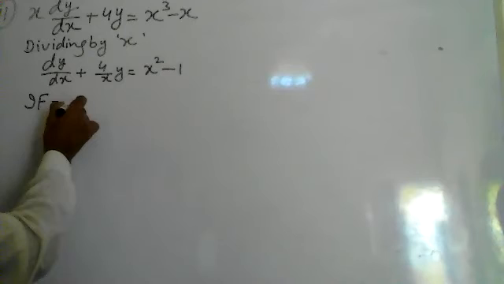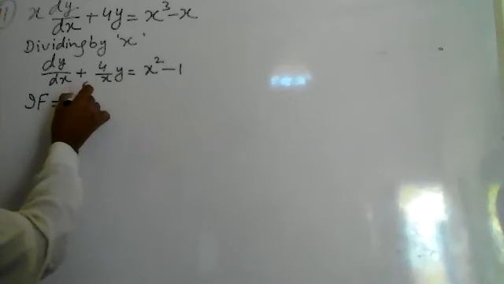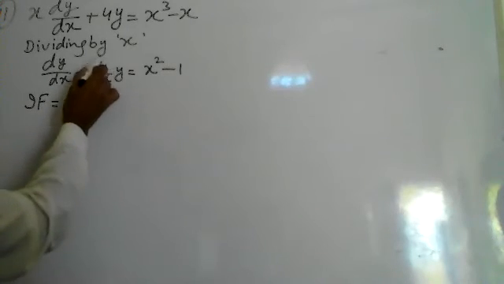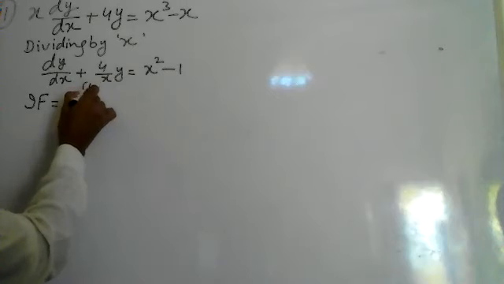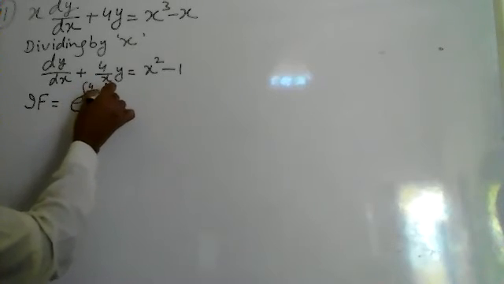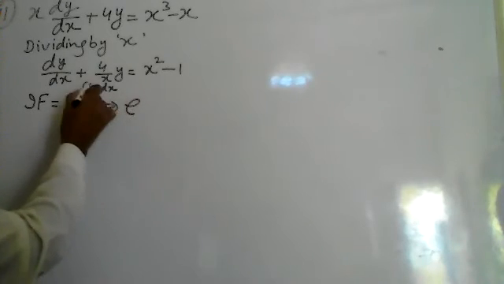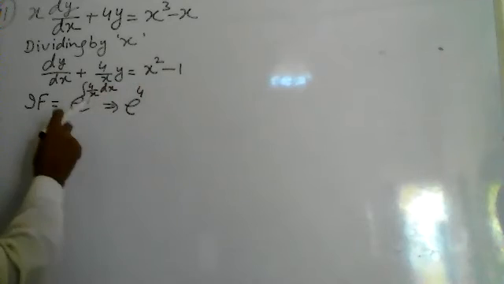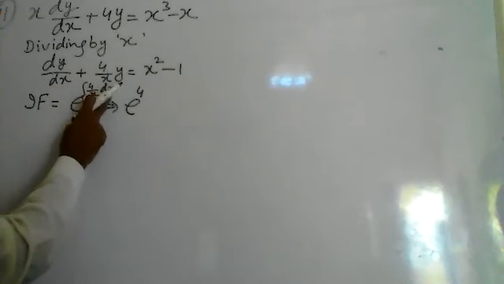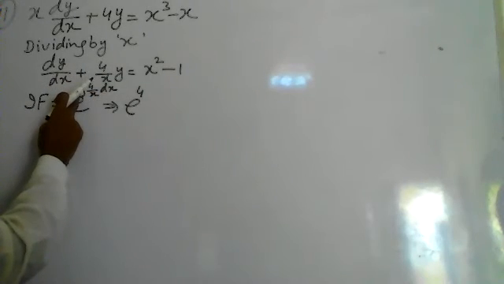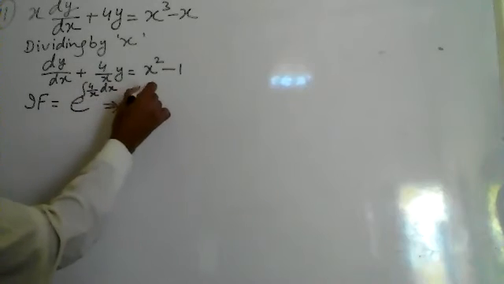It will become e raised to power integral of the coefficient of y, which is 4 upon x. 4 is constant, the integral of 1 over x dx is ln x.